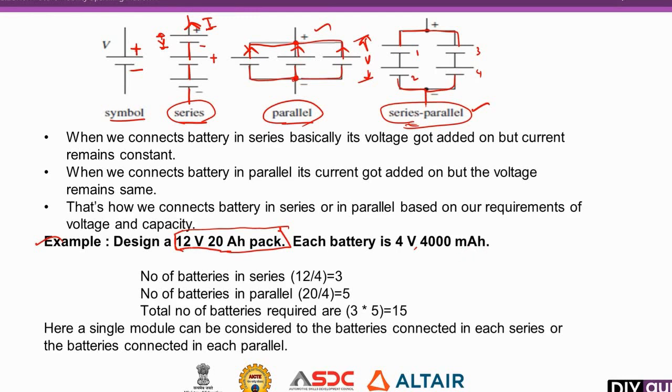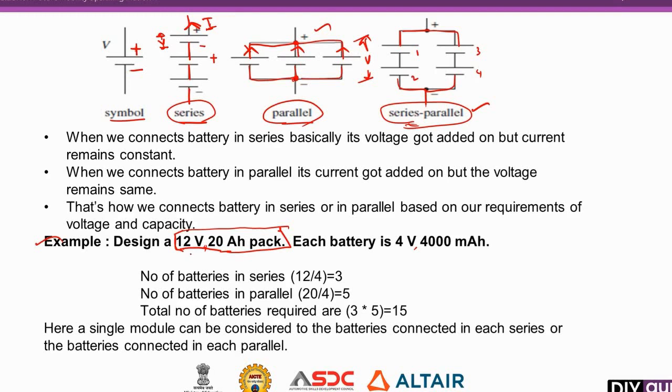So how to design this 12 volt 20 ampere hour battery pack? Initially we must find how many cells are connected in series and how many cells are connected in parallel. Cells here is nothing but the battery.